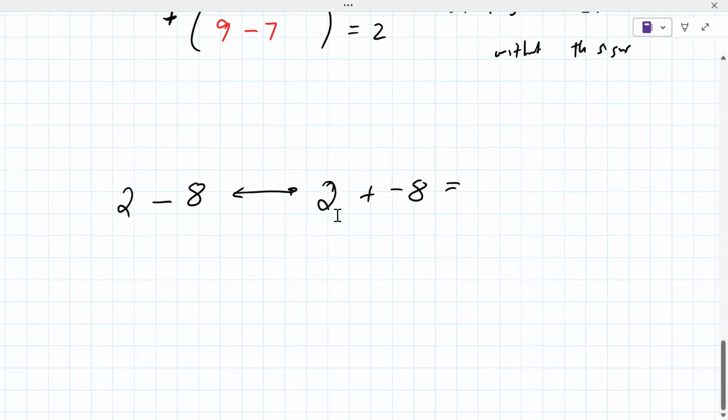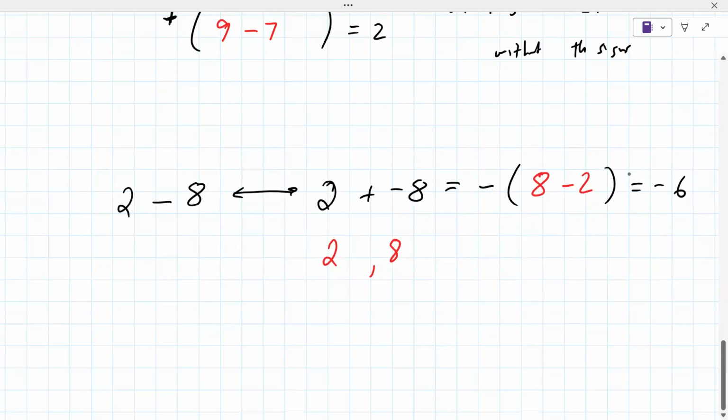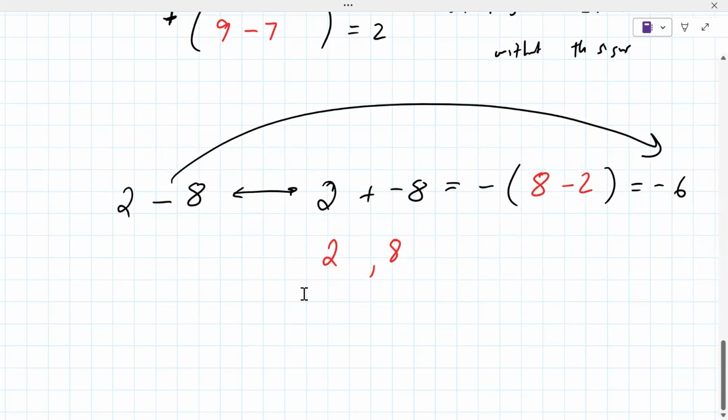Which is further from 0, 2 or -8? -8. So you know the answer is negative. Then you look at the numbers without signs: 2 and 8. You take the larger and subtract the smaller, and you get -6. I'm not saying you did anything wrong, I'm just showing you how you did this. The goal is to do this without any of this in between, but it is certainly okay to do this.